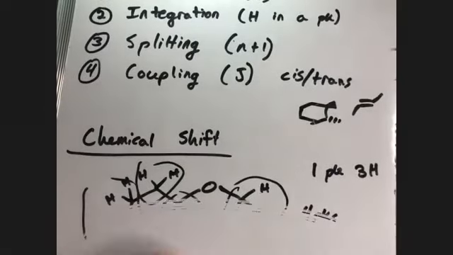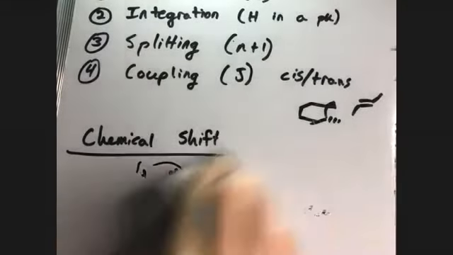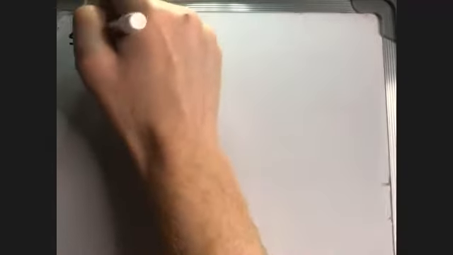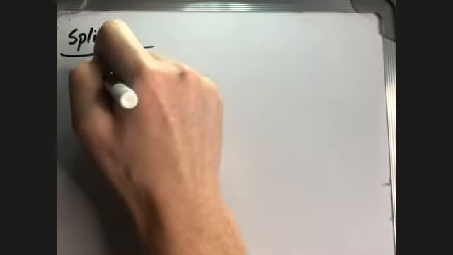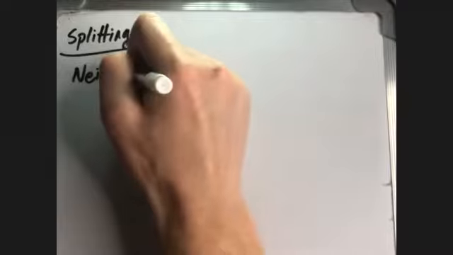So anyway, we'll jump into the next thing. And the next thing is splitting. And this is perhaps the hardest part. So the rule really is that neighboring hydrogens split each other. And by neighboring, I mean directly adjacent.